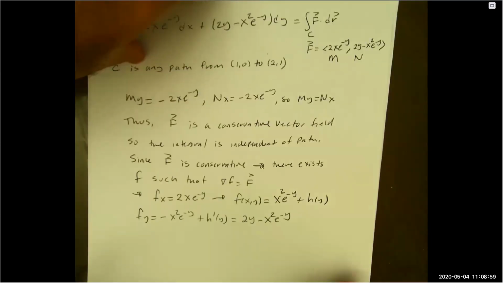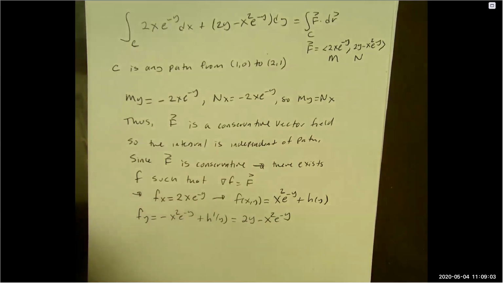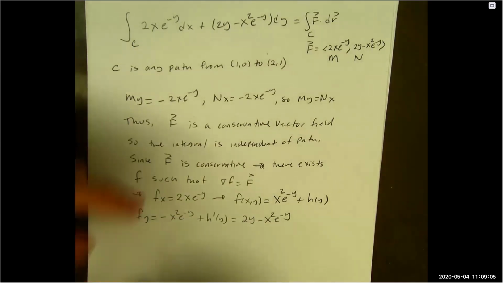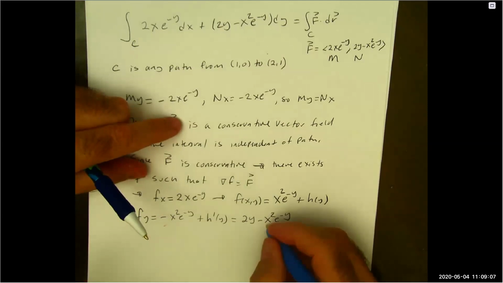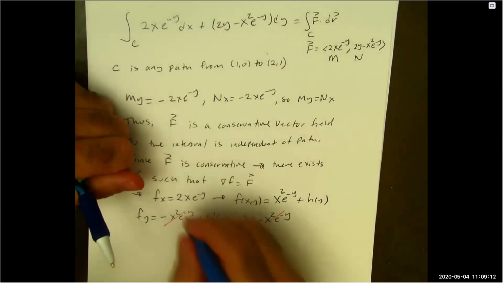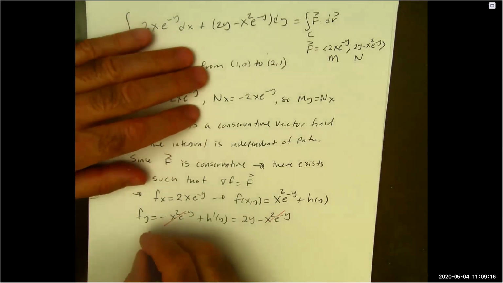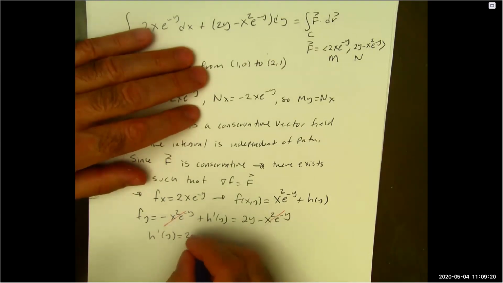So notice that we have a minus x squared e to the minus y on both sides. So that means that we can cancel those by just adding x squared e to the minus y to both sides. And so what that leaves me is I have h prime of y is equal to 2y.